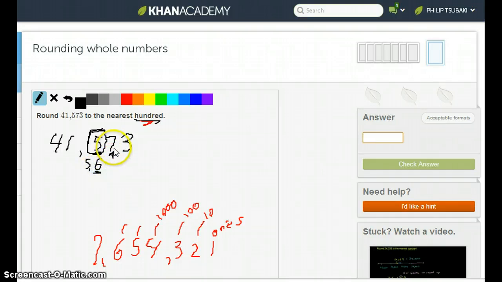If it was like a 4, which is less than 5, then we would choose the 5. But since it's higher than a 5, we're going to choose the 6. So this number that we needed to think about is going to be a 6, and the numbers to the left are going to stay the same. And the numbers afterwards are all going to turn into 0.